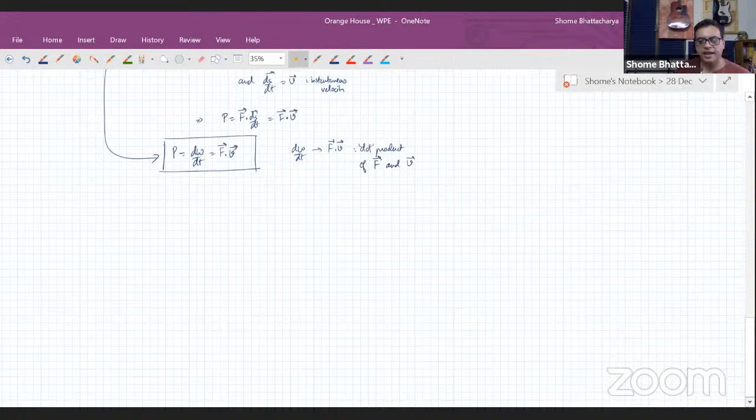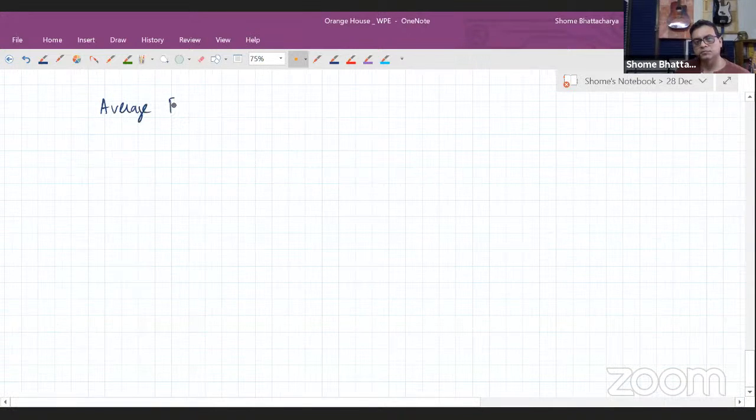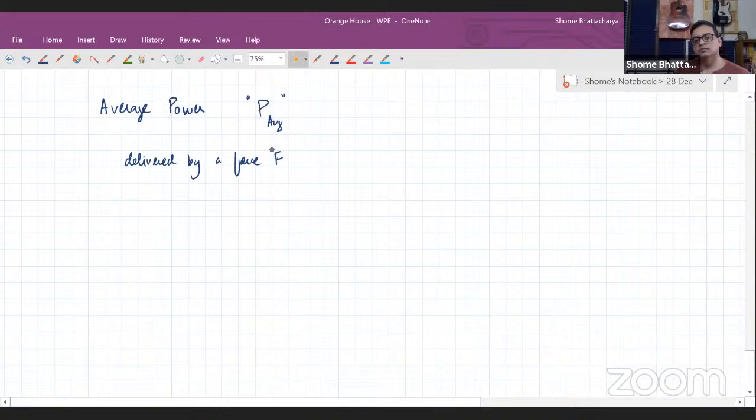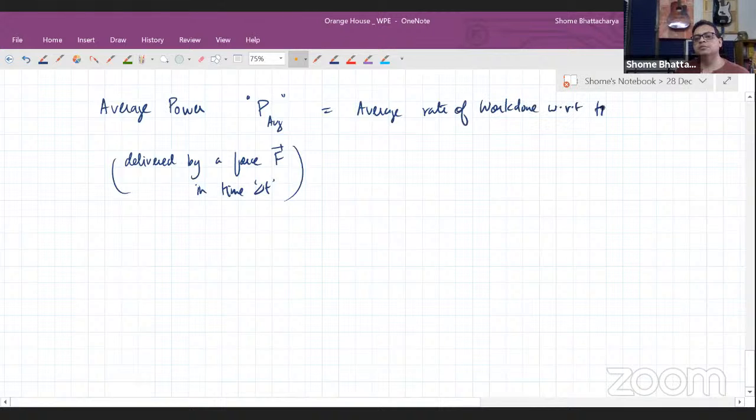Now we also define something called average power. This average power is equal to the average rate of work done with respect to time.